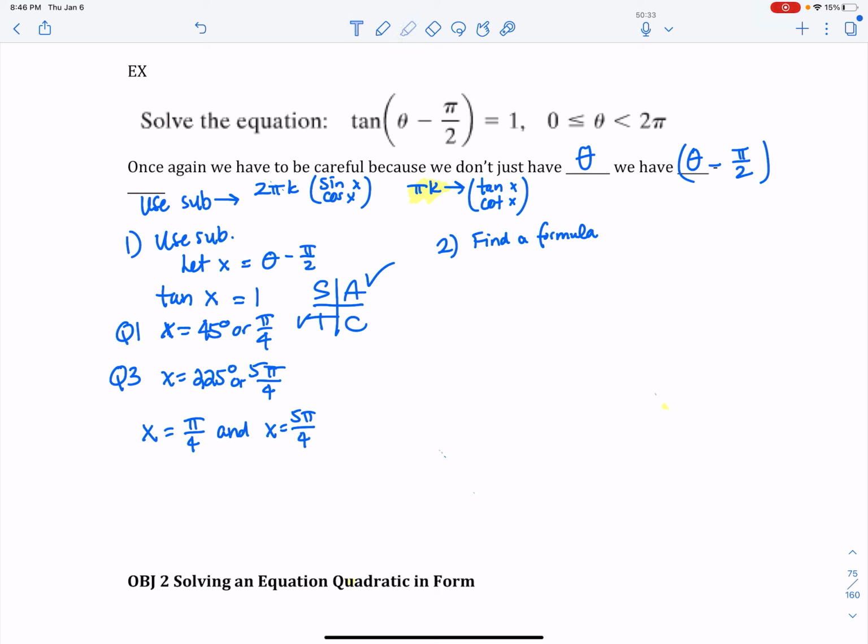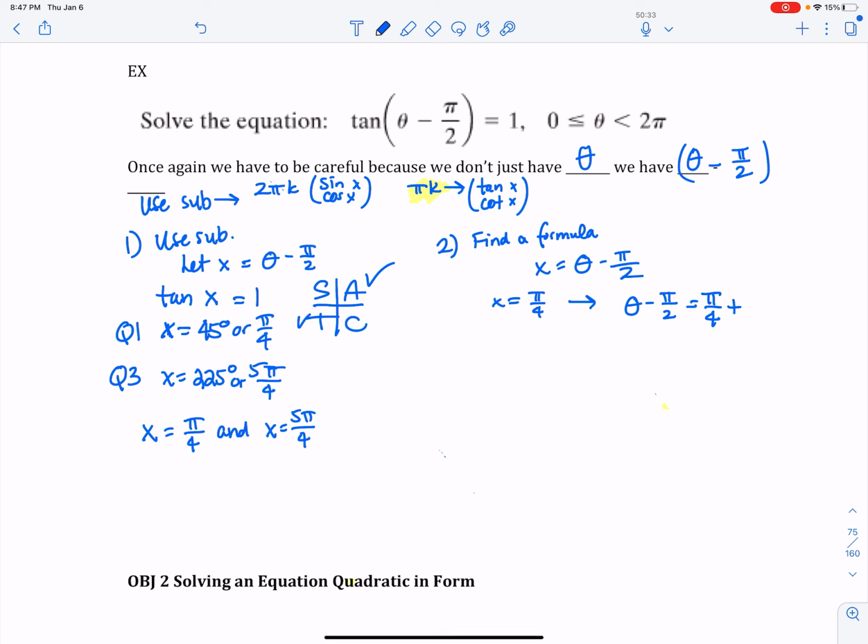So I'm going to resubstitute. Remember we said that x equaled theta minus pi over 2. With that being said, I have x equals pi over 4. So now I can rewrite that as theta minus pi over 2 equals pi over 4.